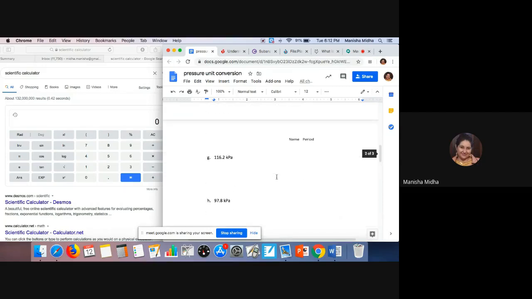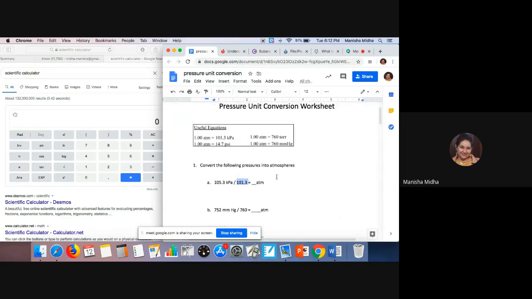I don't have an example over here, but if I add another example in the question, then you are going to divide the question value, the one that I will give you, by the constant. The constant is 14.7 PSI. All these constants equal 1 ATM. That's why when you divide by these constants, they give you the answer in ATM, which is atmosphere.